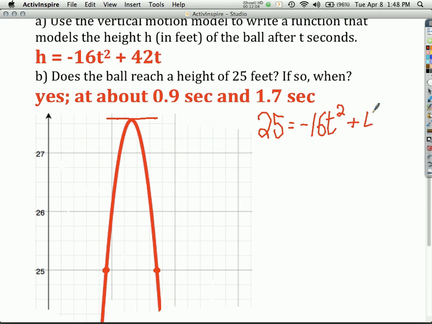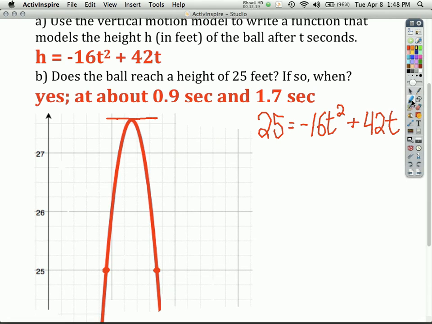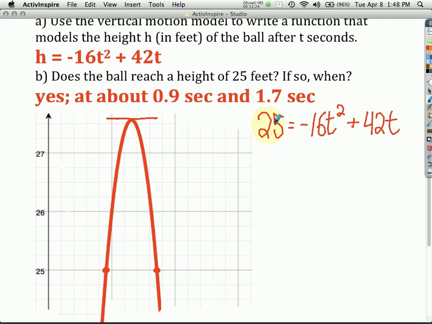Just because I phrased the question differently doesn't mean it's a different meaning. When I ask you, does the ball reach a height of 25 feet, what I'm asking is, will the end distance, that's what H is, the end height, will the ending height ever be 25?